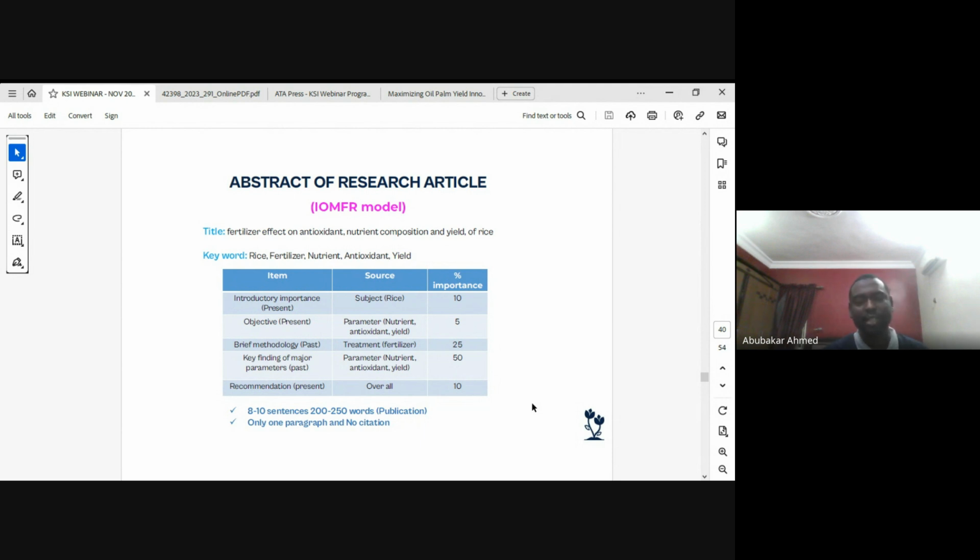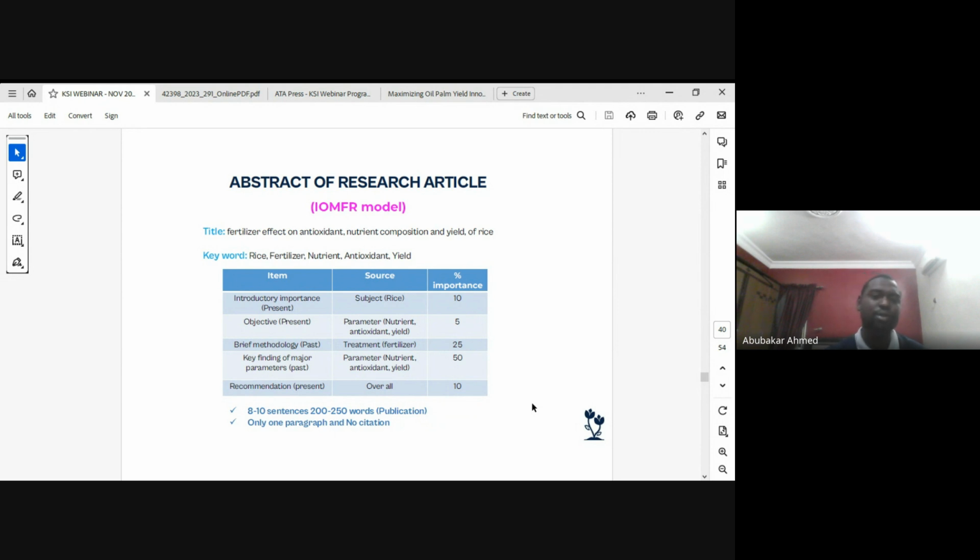What is the impact of rainfall on rice production? Then you harmonize them. You give it 50% importance because this is what we are looking at. We want to see what you have achieved, what we have found new that has not been known by previous scientists, for example. Then you give recommendations in present form.